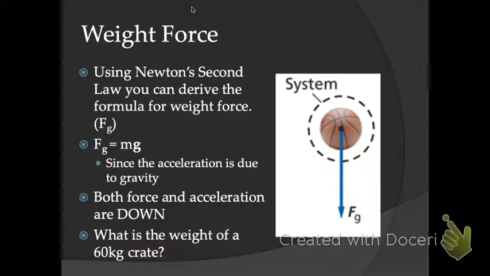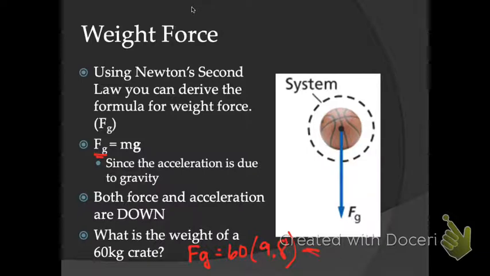Let's try this. What's the weight of a 60 kilogram crate? Our answer is not just 60 kilograms, because 60 kilograms is the mass. Whenever we ask for weight, that means we're solving for Fg, the force due to gravity. So Fg equals mass times 9.8.